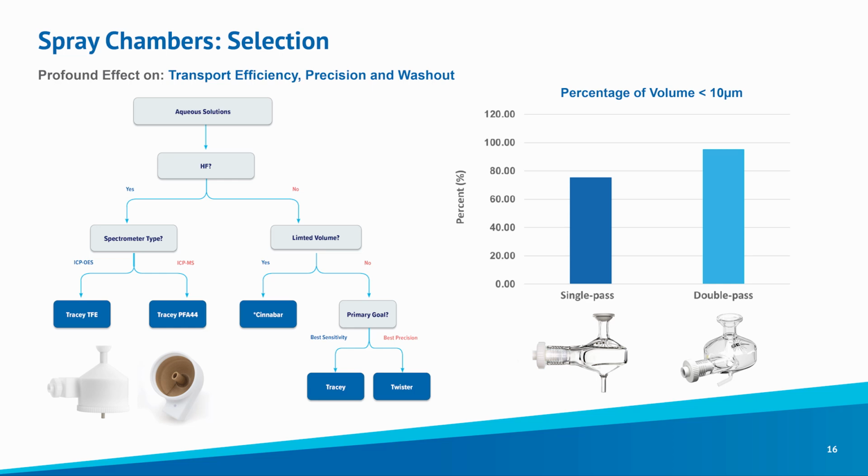This is important because smaller droplets improve ionization efficiency and reduce matrix effects, while larger droplets may pass through the plasma without ionizing and can contribute to more solvent, increasing matrix interference and degrading plasma tolerance.